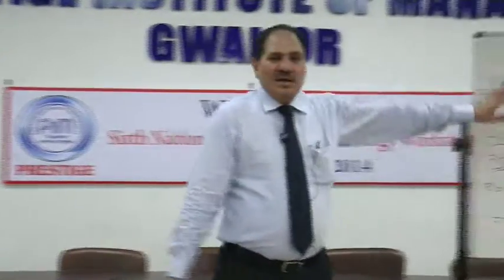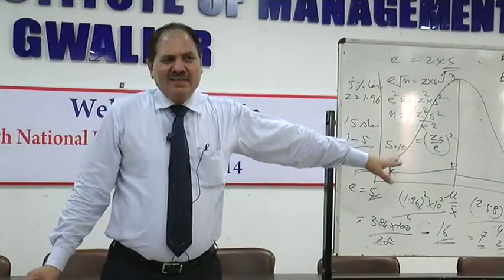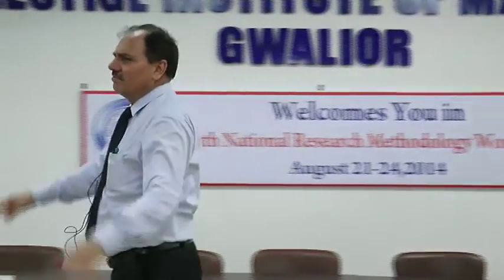Reason two is, generally people say that your standard deviation divided by 10 is the ideal choice. Generally, the world over, standard deviation divided by 10 is the ideal accepted error. Okay, fine.